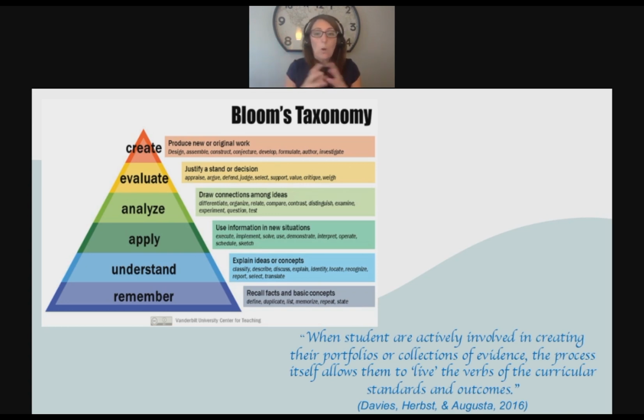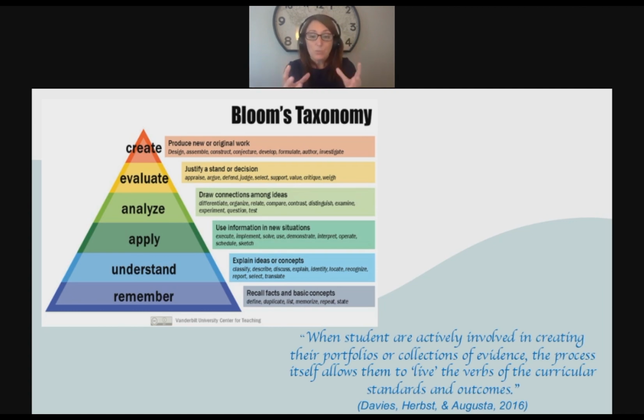And so what I say to you is, we don't have time to go into this in today's session, but what you need to do as you're thinking about September and as you're thinking about implementing portfolios in your classroom is look at how you are going to implement this so that it is routine in your classroom, so that there is time in the day for students to engage in the development of their portfolio in a way that is organic and natural and doesn't feel like it's taking away, right?